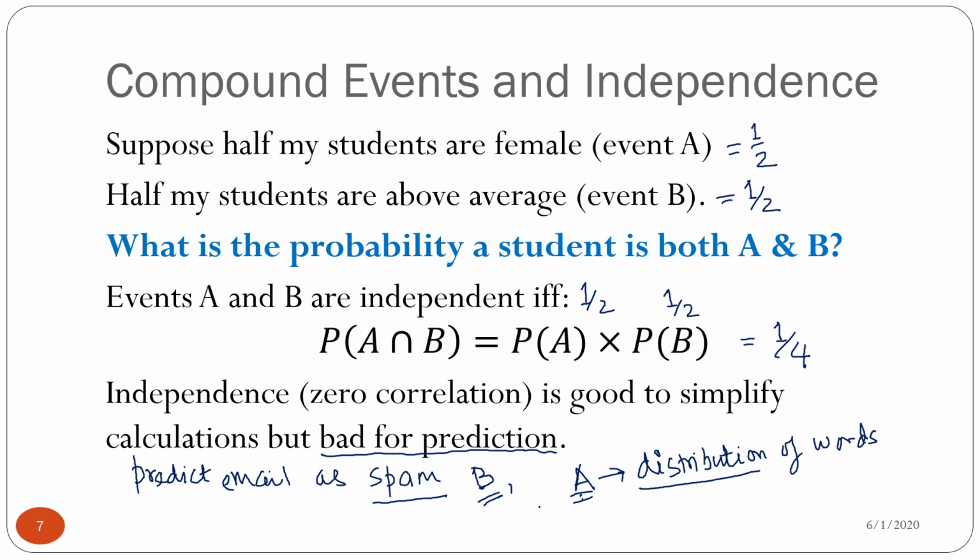And if there was no correlation or no dependence, if the events B and A, B being spam and A being the word distribution, were independent of each other, then that's bad news. Probably we'll have to look for some other feature to predict whether a mail is spam or not.